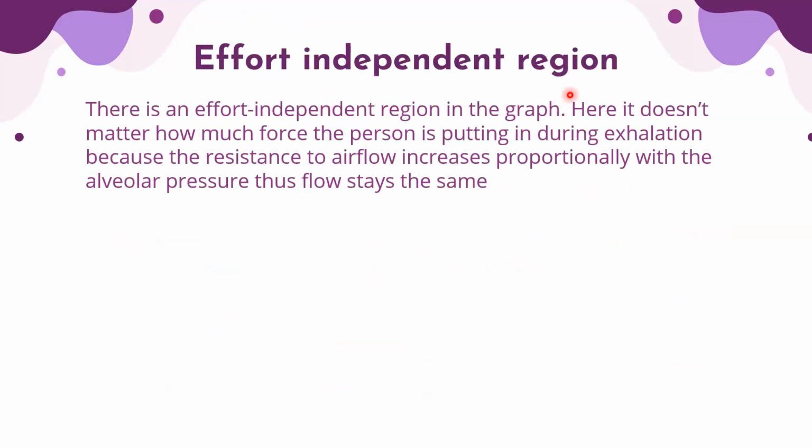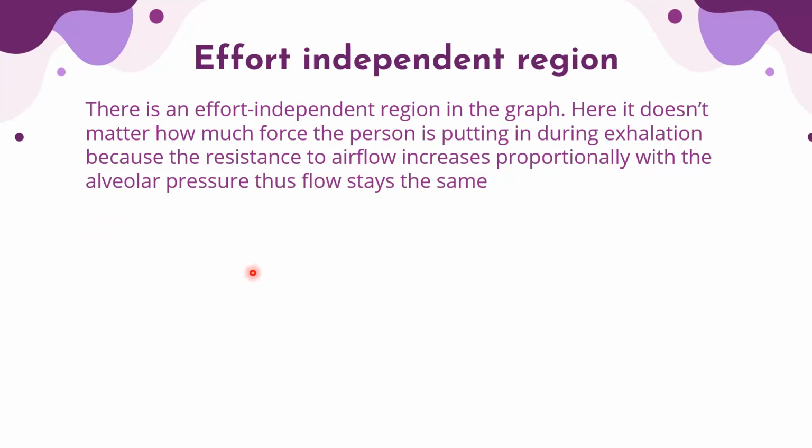We talked about this as well, the effort-independent region. It doesn't matter how much force the person is putting in during this part of the graph, because resistance to airflow increases proportionally with the alveolar pressure, so this flow stays the same.